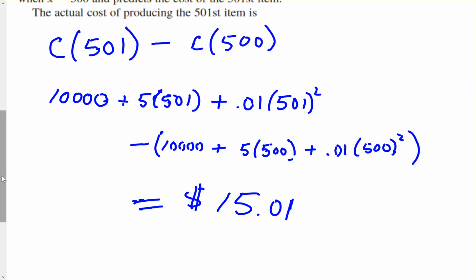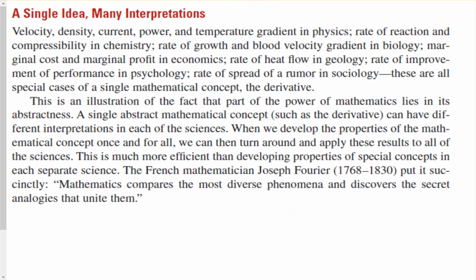Okay, economists also study marginal demand, marginal revenue, and marginal profit, which are the derivatives of the demand, revenue, and profit functions. So you guys can see we have an idea and we have many different interpretations. We have an average of something, like an average slope, an average cost.